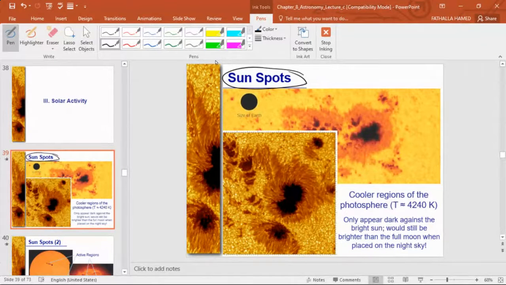Scientists were paying attention to these sunspots. They tell you here that's the size of the Earth, and you can see how big these sunspots are relative to the size of the Earth. The sun is huge compared to the Earth.